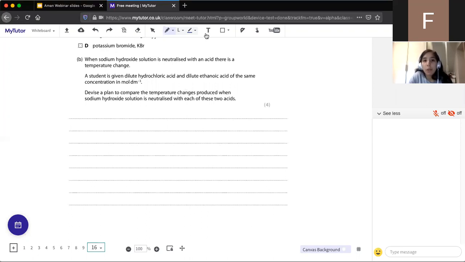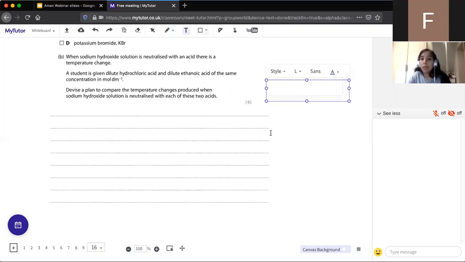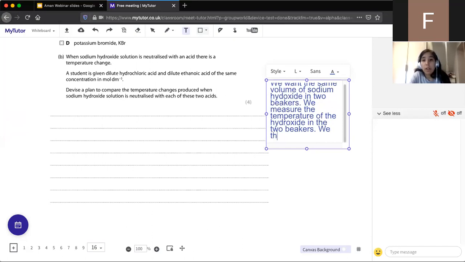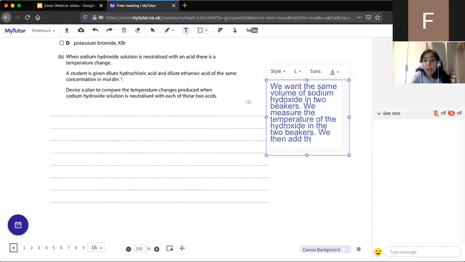So I will type out an exemplar answer for this because I think it's important. So here we're reacting sodium hydroxide with an acid. So first of all, we want the same volume of sodium hydroxide in 2 beakers. We measure the temperature of the hydroxide in the 2 beakers. We then add each acid to one of the beakers.